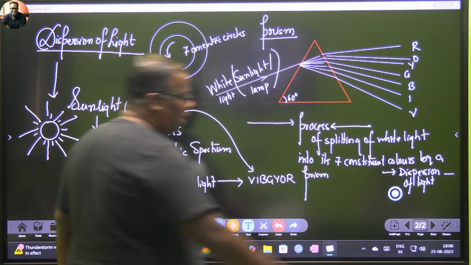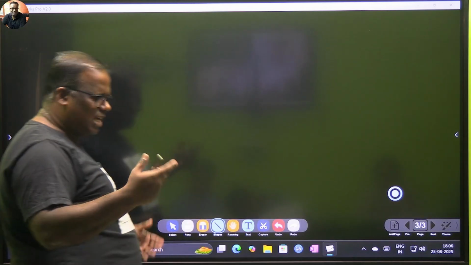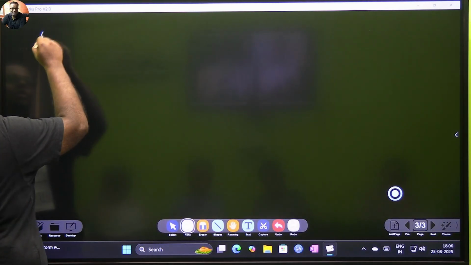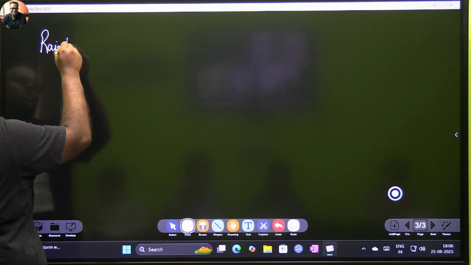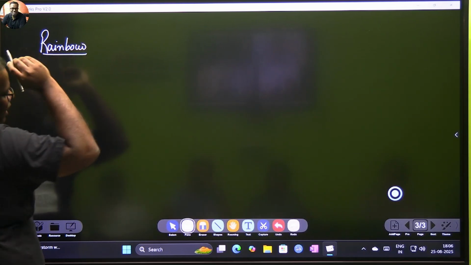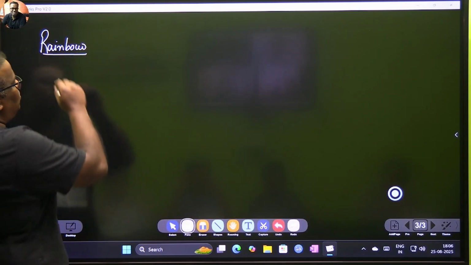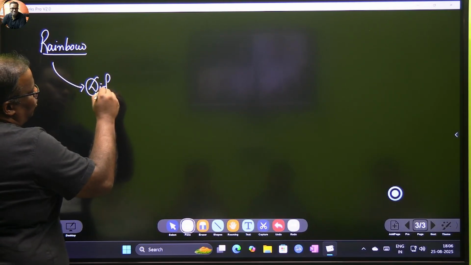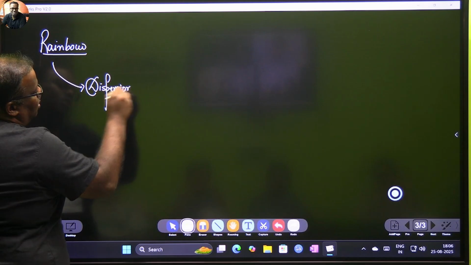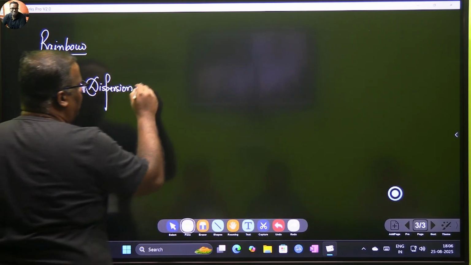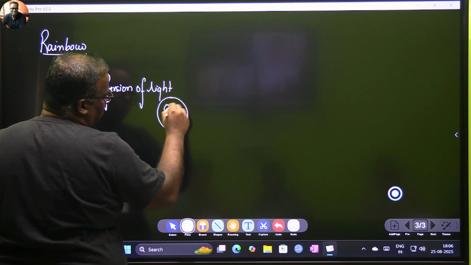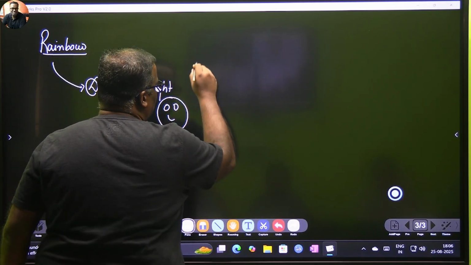Okay, so one of the applications, I will discuss this whether this is in your book or not. Anyways, in grade 10 you will study the rainbow, one of the fantastic natural phenomena which actually uses dispersion of light. Now if I say that the rainbow uses the phenomenon of dispersion of light, then at that moment, you as a person should start thinking about some things which you will need.